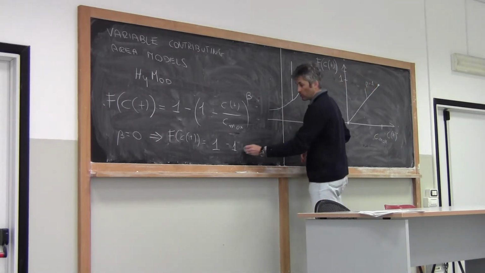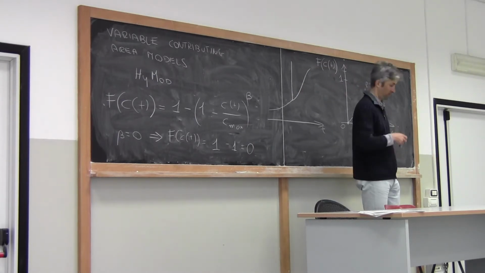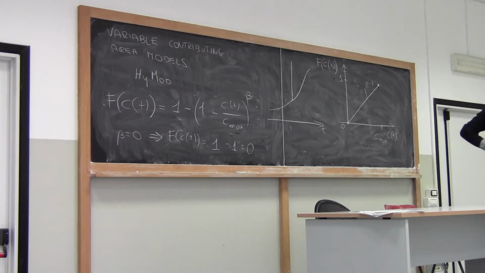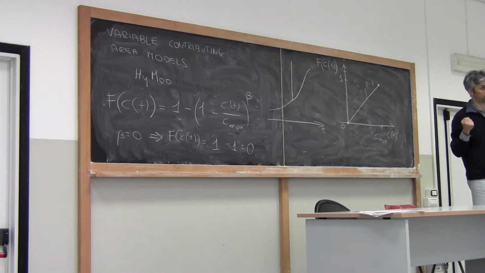So 1 minus 1 equals 0. So what is the percentage of the saturated area? It is 0, until I get to C_max.